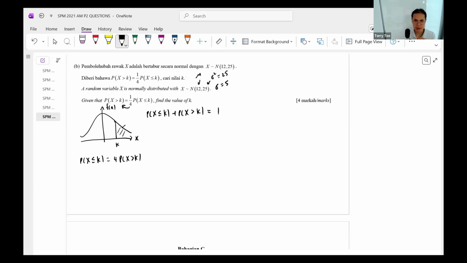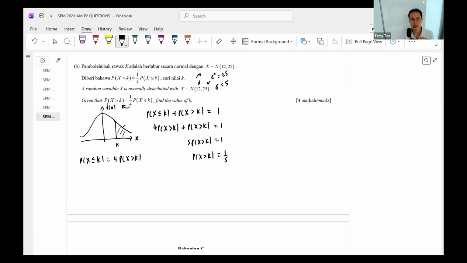So I take this as substitution. So this is 4 of P(x more than k) plus P(x more than k) equals to 1. So 5 of P(x more than k) equals to 1. P(x more than k) is 1 over 5. 1 over 5 is 0.2. Maybe I use 0.2. Okay, I just write 1/5 first.